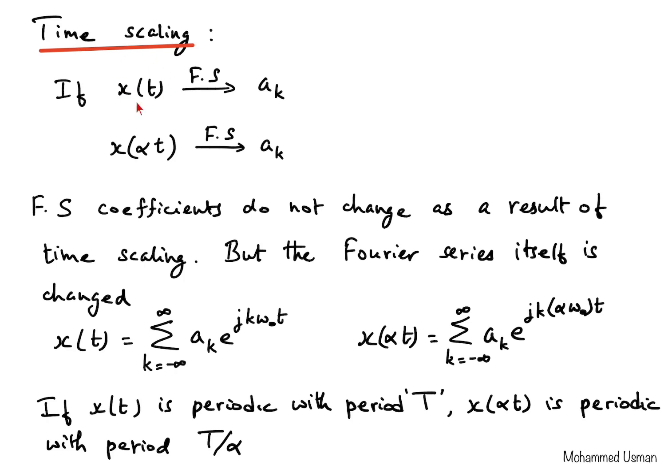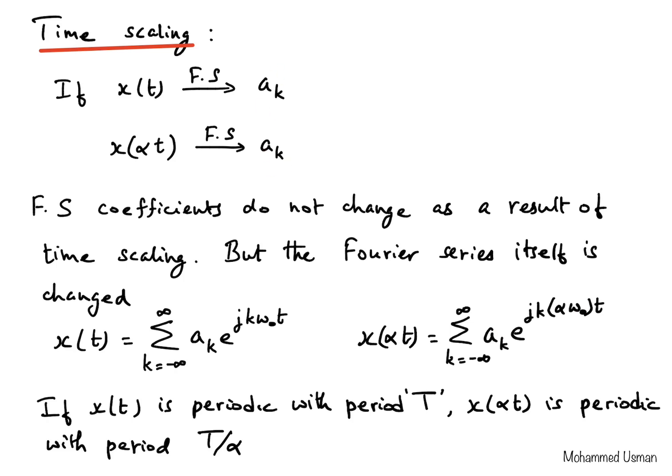The reason is that if x of t has period T, then x of alpha t, by scaling the time axis, scales the period as well. So if x of t is periodic with period capital T, then x of alpha t is periodic with period T by alpha. So the fundamental harmonic component here is omega naught, and there it is going to be alpha times omega naught.